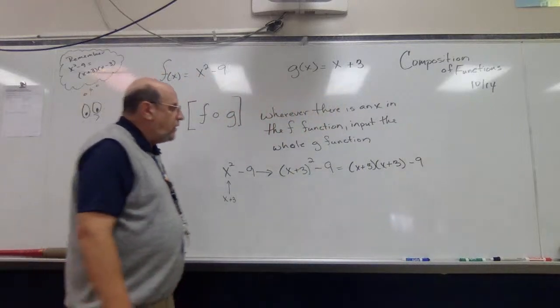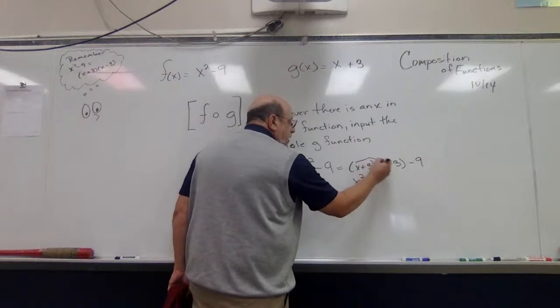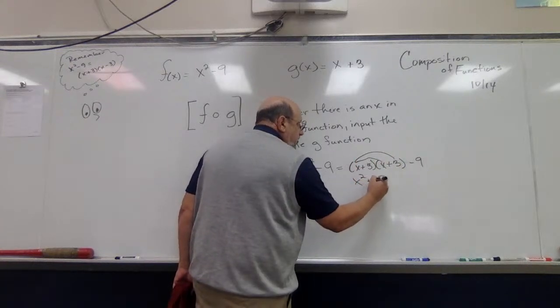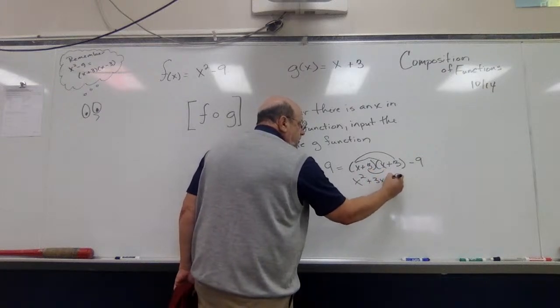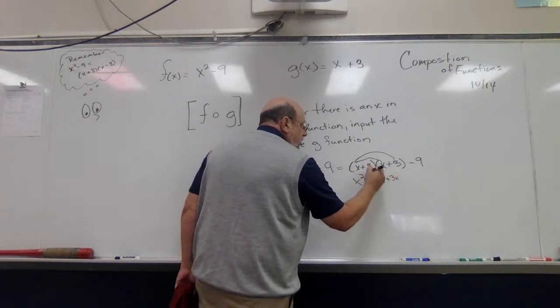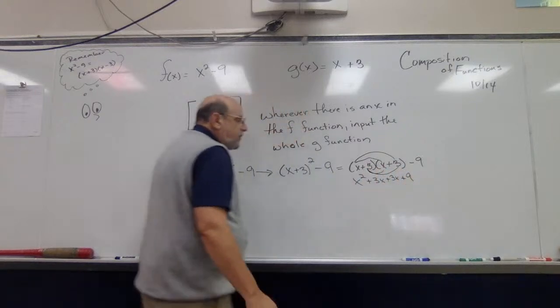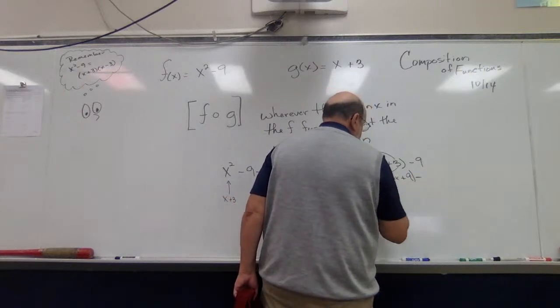So then we'll FOIL, and when we FOIL, we get x squared plus 3x plus another 3x plus 9, right? And then that minus 9 comes with it.